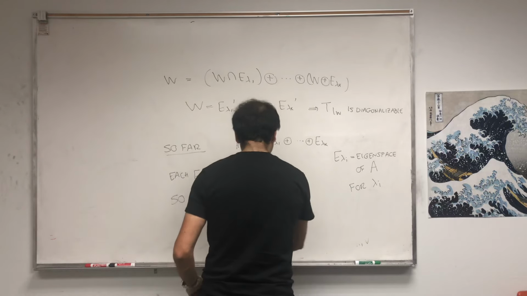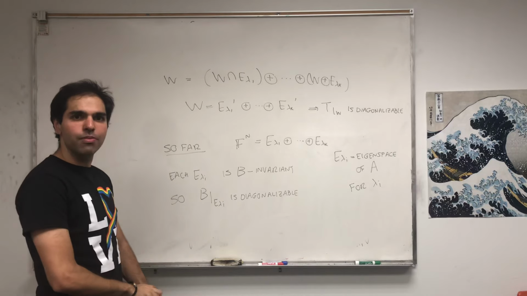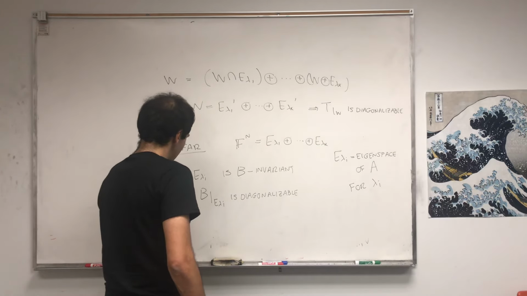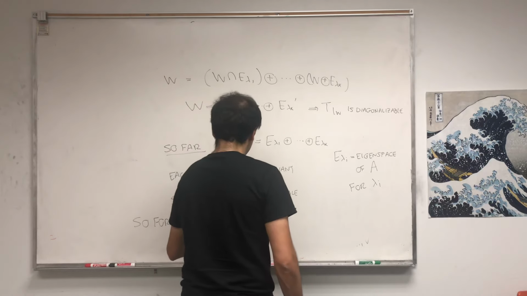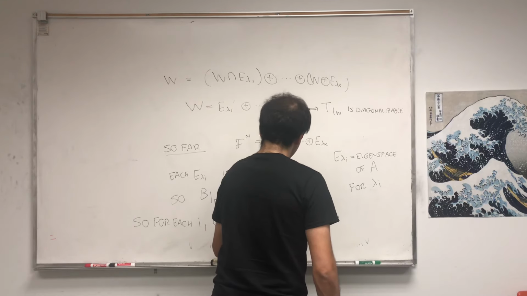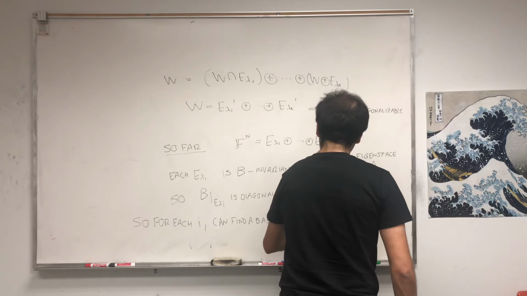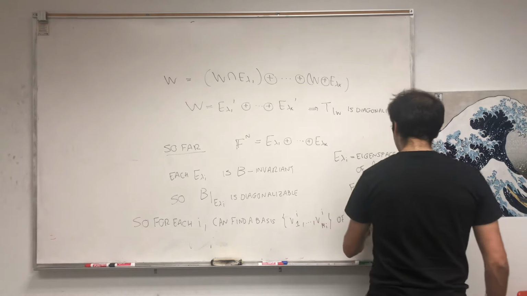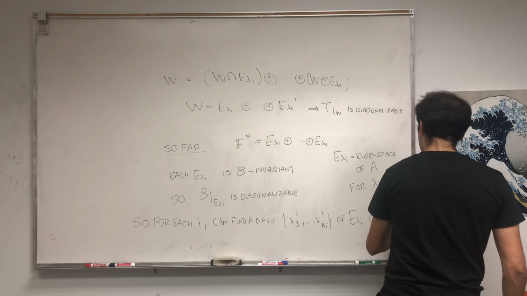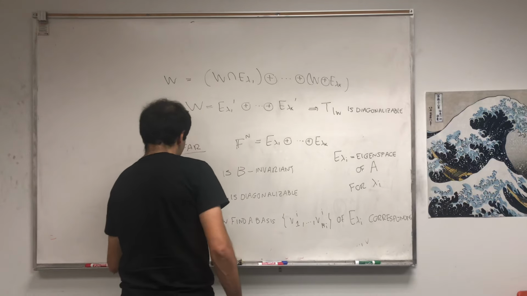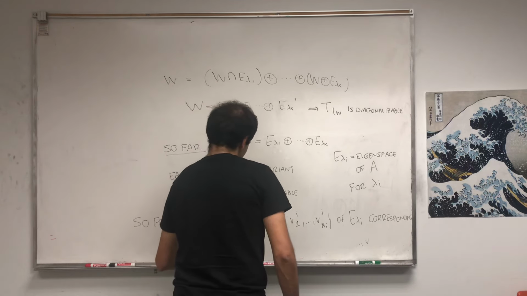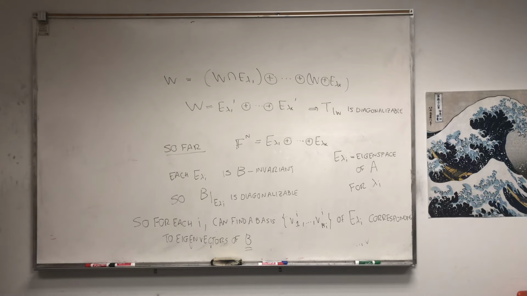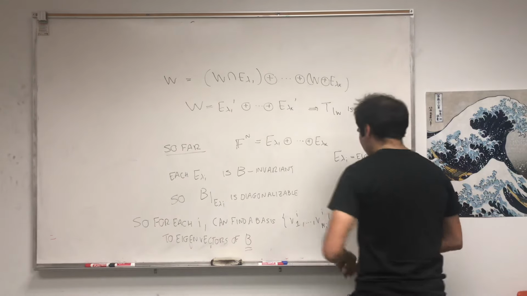Which means we can find a basis of E of lambda I corresponding to eigenvectors of B. So for each I, we can find a basis, let's say Vi1, up to Vi Mi, of E lambda I corresponding to eigenvectors of B. And just be careful, I don't think necessarily with the same eigenvalues. So you have to be slightly careful.